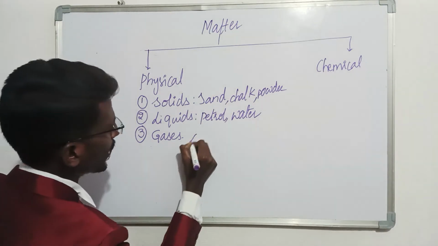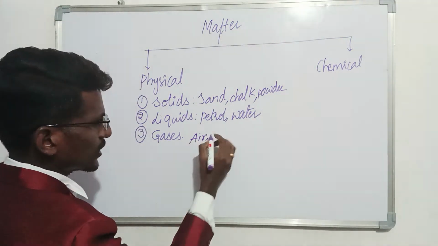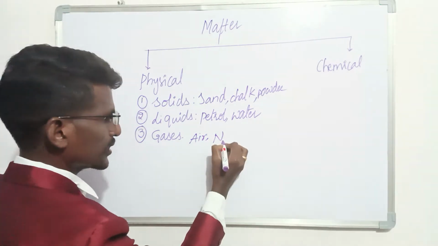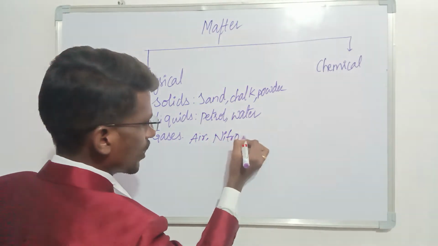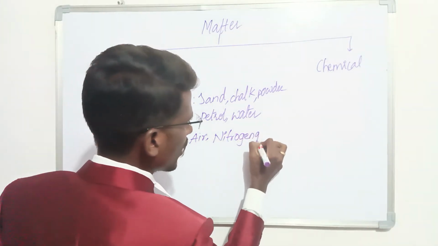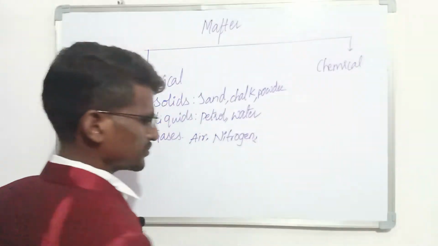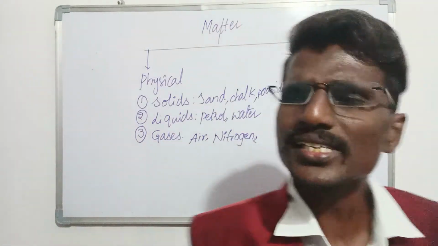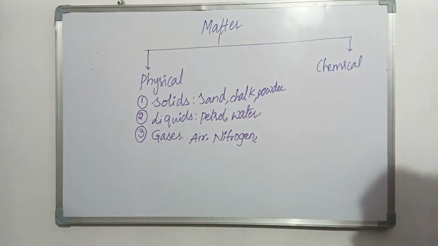Gases, for example, air, nitrogen, oxygen, carbon dioxide, etc. These are all examples based on physical properties.